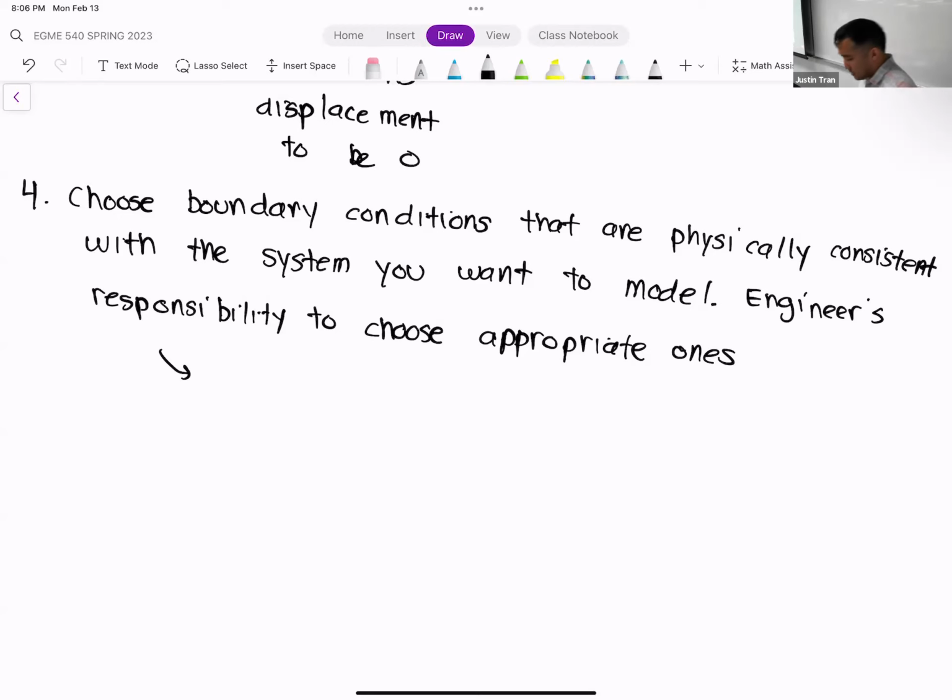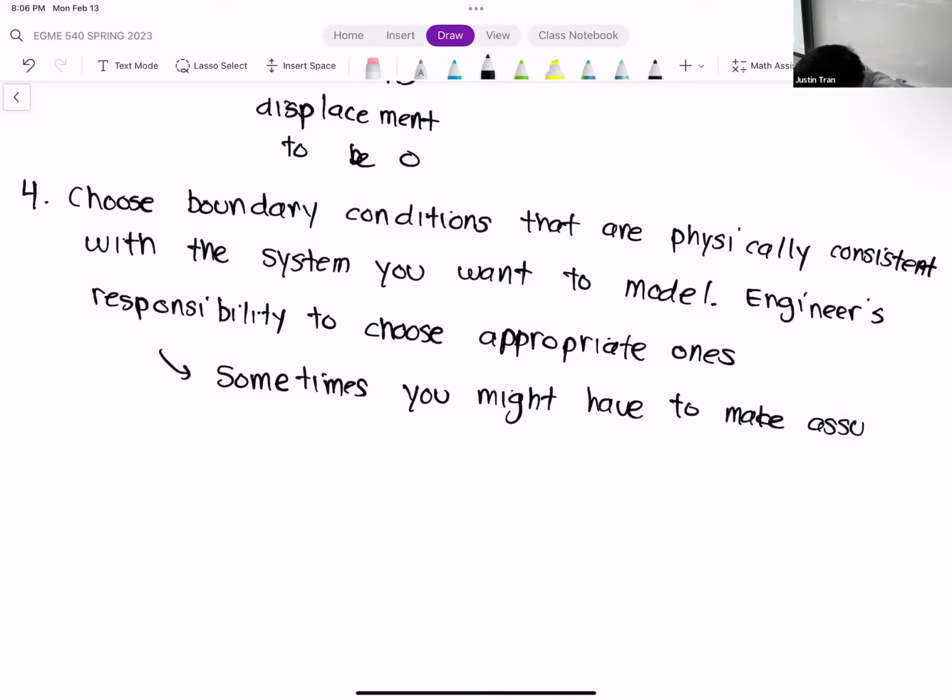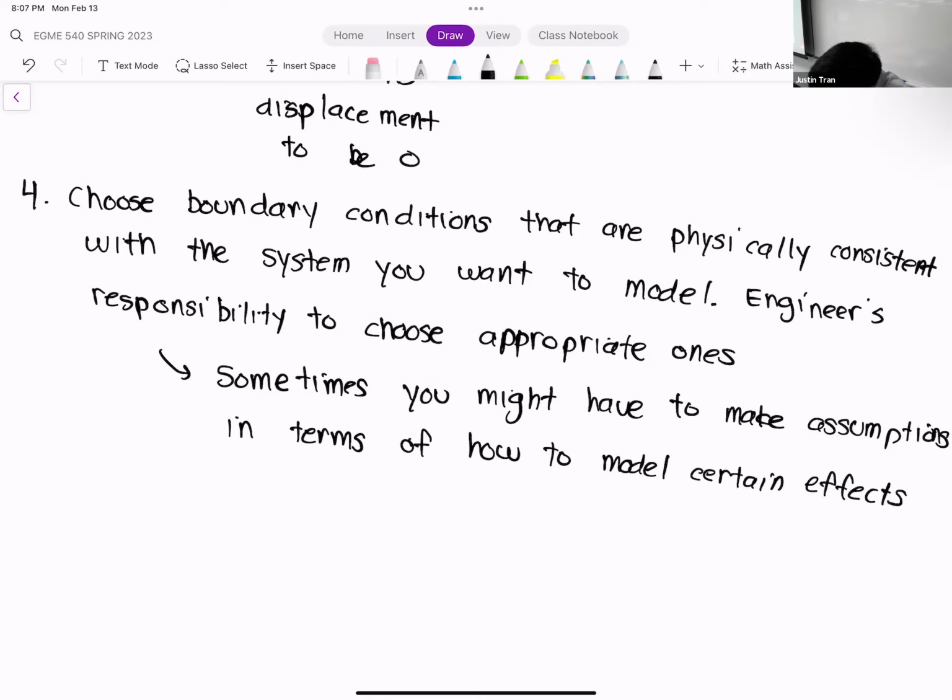A lot of times you might have to make assumptions.